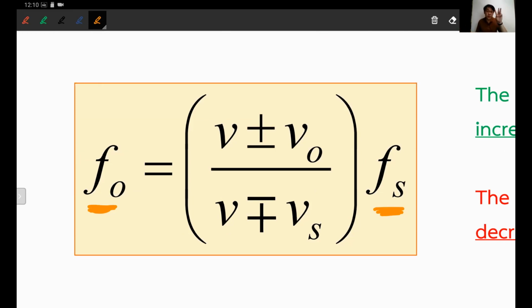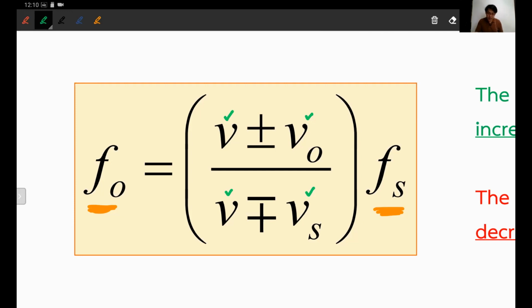Okay, and of course, those three velocities or speeds that come into play are already in here. There's a V, that's the speed of sound, and V sub O, V sub S right there. And I put them all in the bracket over here.